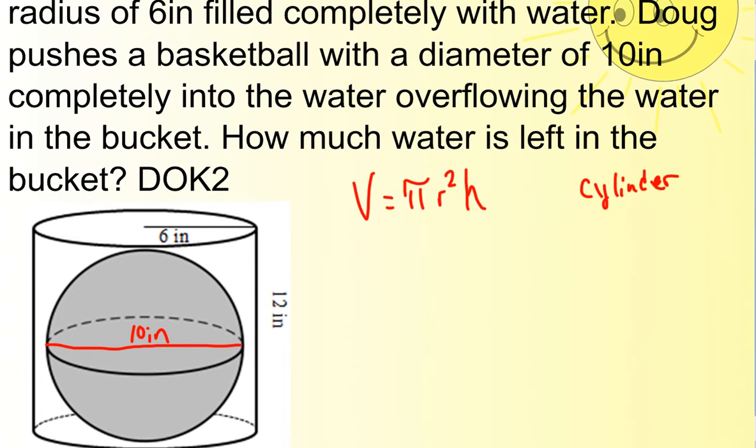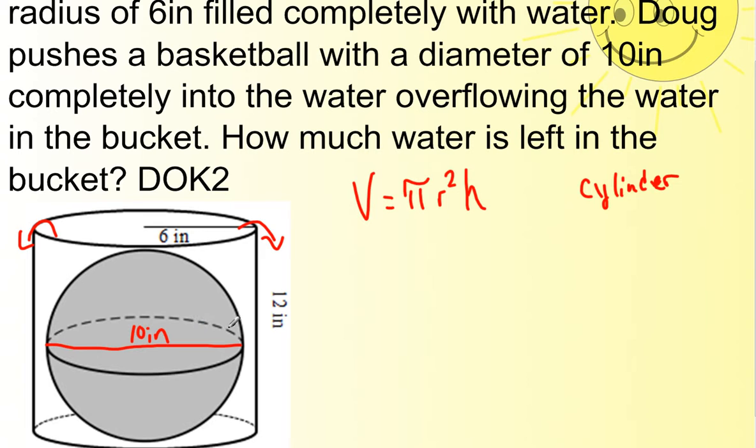Okay. Now, after you push the ball in here, some water is going to overflow. It's going to spill out over the sides. The amount of water that would overflow would be the volume of the sphere.